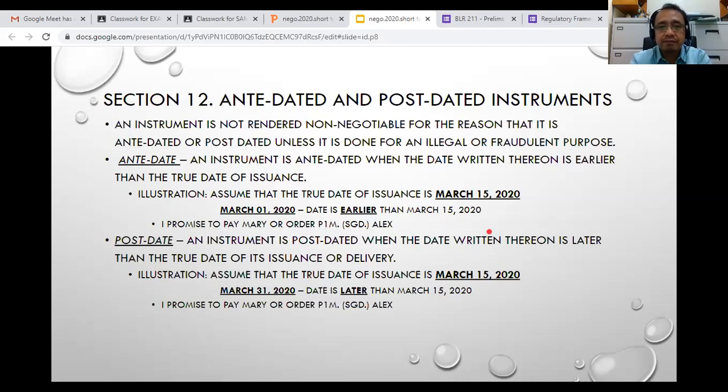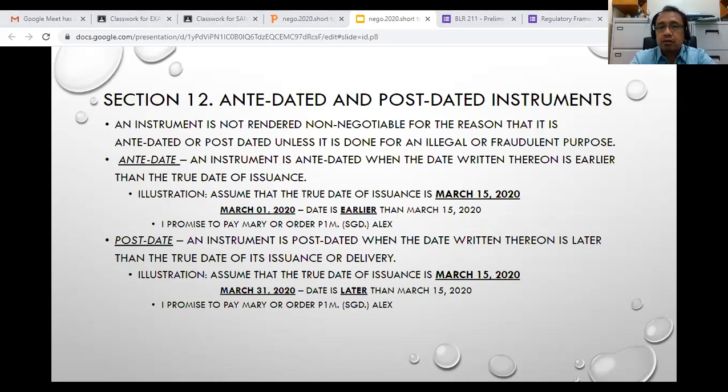So, what will happen? If an instrument is antedated or postdated, if you are the holder, if you are the recipient of that instrument, when will you acquire title of that instrument? Would it be on the date appearing on the face of the instrument? Or would it be on the date you actually receive the instrument? What is our rule? Under Section 12, what does it say?